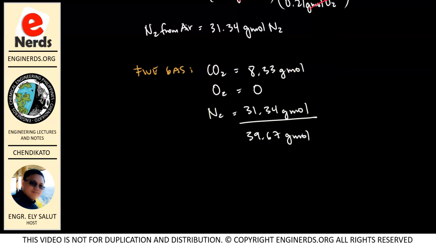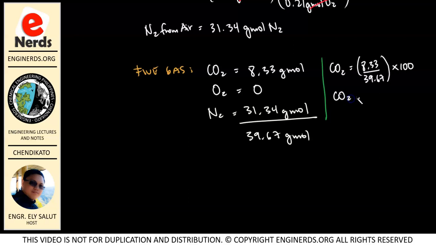Okay, so ilan yung percent CO2 and percent N2 natin dito sa ating flue gas? Kasi yan ang pinahanap sa atin actually, no? Okay, so CO2 percentage is equal to 8.33 divided by 39.67 times 100.